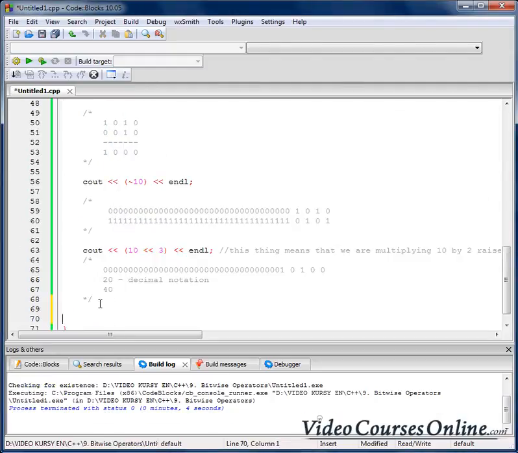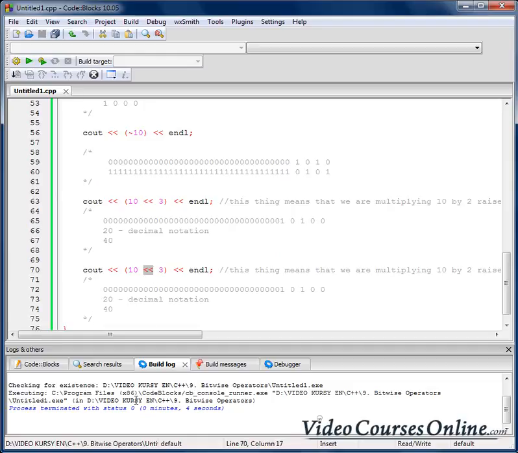Okay, so if I do it the other way, so that we are dividing 10 by 2 raised to something, let's divide by 2 raised to the power of 1. So I am dividing 10 by 2, the result should be 5. This time we are moving it the other way, so this will be changed to 0, 1, 0, 1.